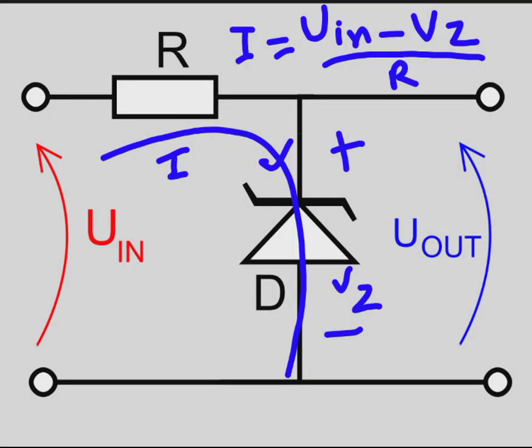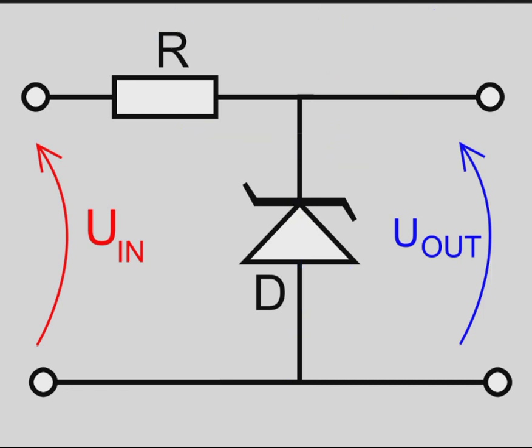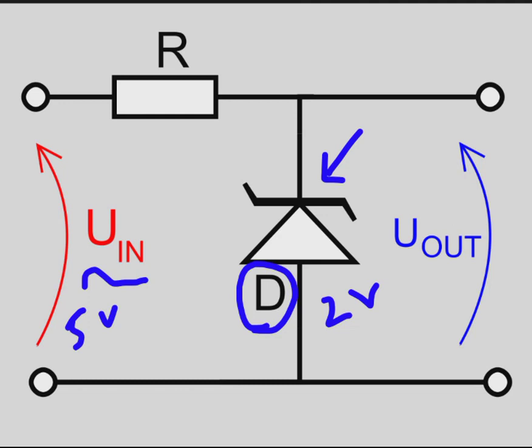Now the question is how to choose the value of R, because we will choose the diode as per our specification and it will have VZ, the Zener voltage, already from the data sheet. You will also know what is going to be your unregulated input voltage that will be regulated by the Zener diode eventually. So let's say you have 5 volt and a Zener voltage of 2 volt, and you have to choose the value of the resistance.